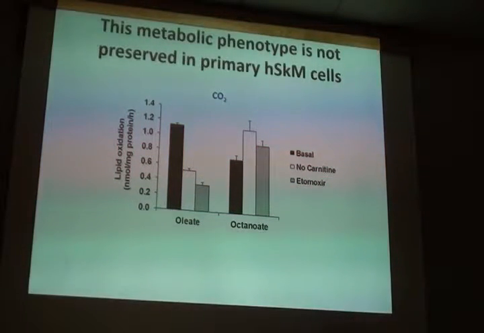This is just another lesson that we learned sort of the hard way. I've done human work, I've done animal work, I've done cell culture work. And you kind of have to learn which model systems you can use to test certain questions. So skeletal muscle cells, especially primaries, a lot of times they do preserve the metabolic phenotype, but not always.